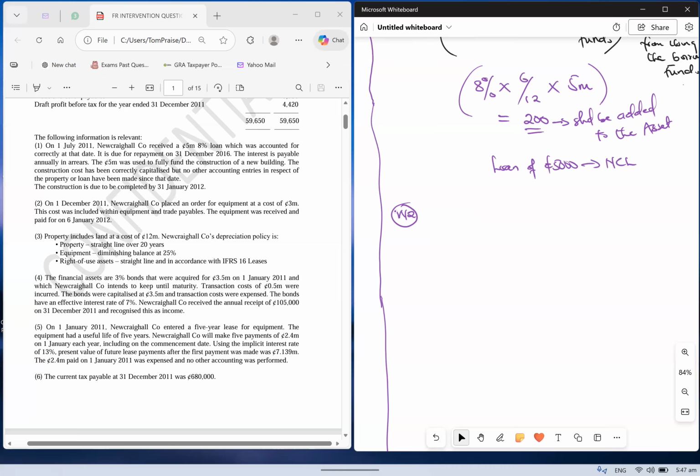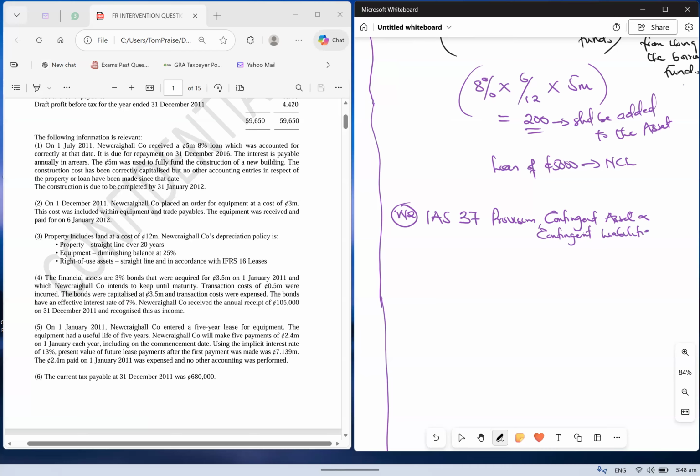Now, which standard do you think this thing is about? It's about IAS 37, provisions, contingent assets, and contingent liabilities.